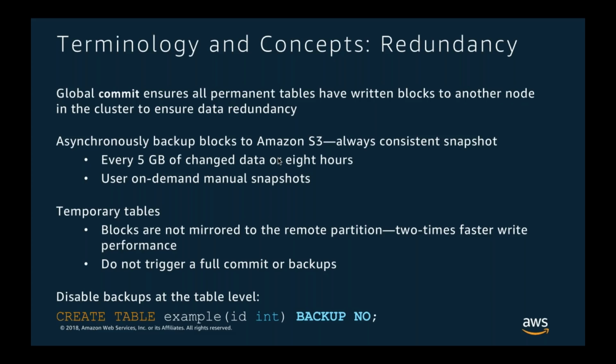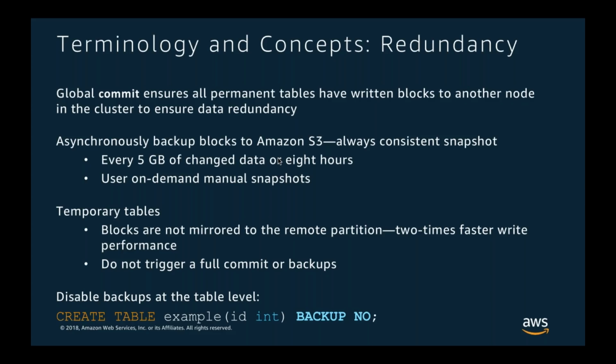What also happens behind the scenes is that while we are redundantly copying the data to the other compute node, we are also asynchronously backing up the data to Amazon S3 as automated snapshots. These snapshots are triggered either on 5 GB increments of data or 8 hours, whichever happens earlier.